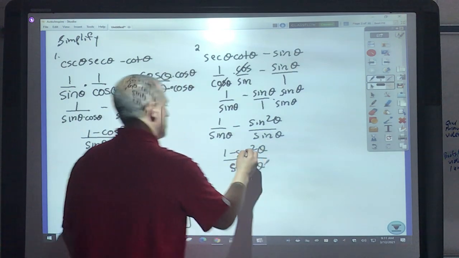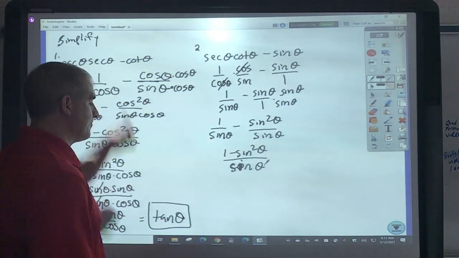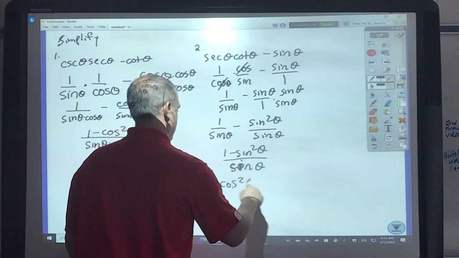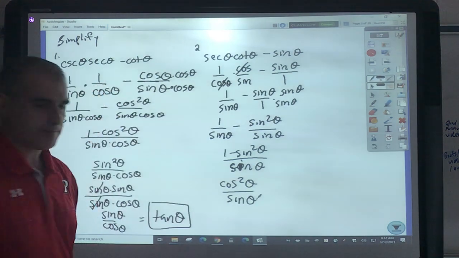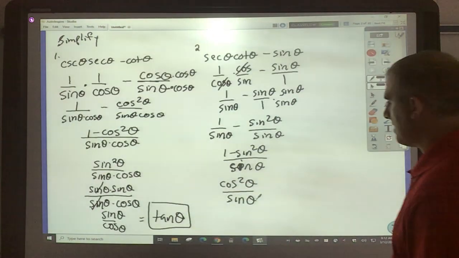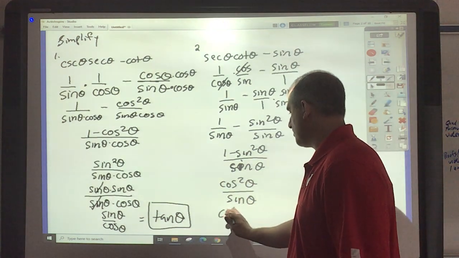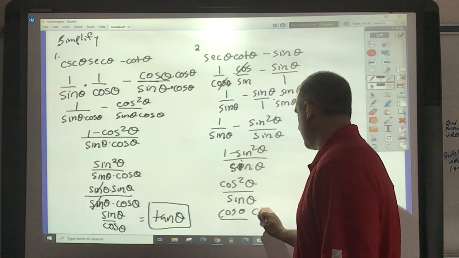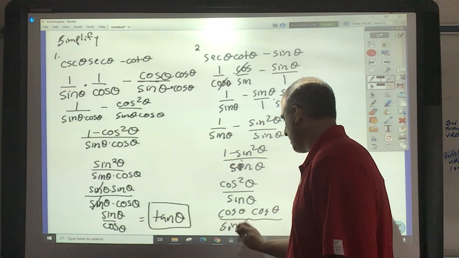Now, that is one of the identities. This will be cosine squared over sine squared, over sine theta. Now, here's what you can do with something like this. I am permitted to space this out, so cosine of theta and cosine of theta, and I only have 1 sine of theta.